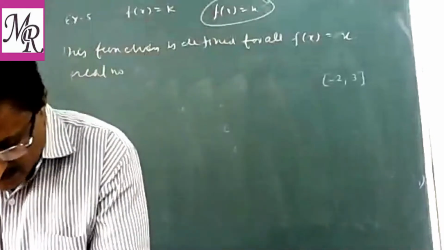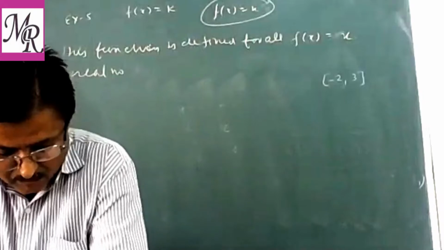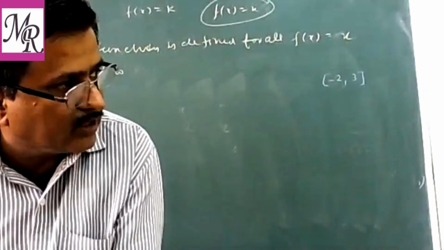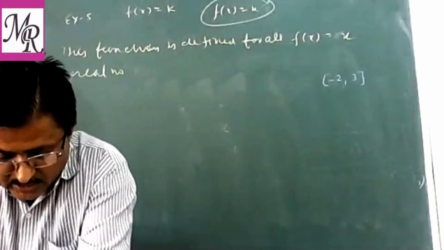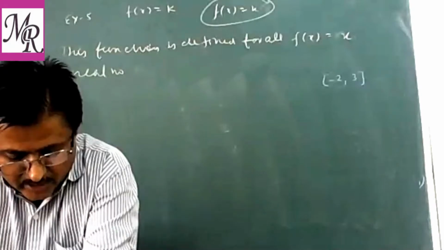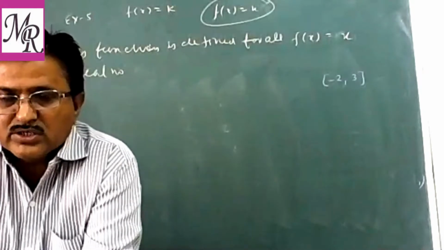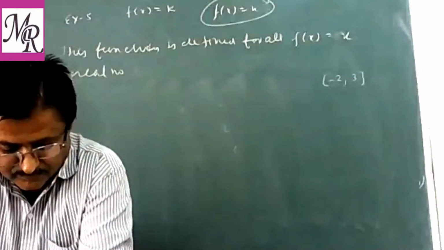So this definition says a real function f is said to be continuous. किसी भी function को हम continuous कब कहेंगे? If it is continuous at every point in the domain of f. f का जो भी domain है उसके हर एक point पे ये continuous होना चाहिए.